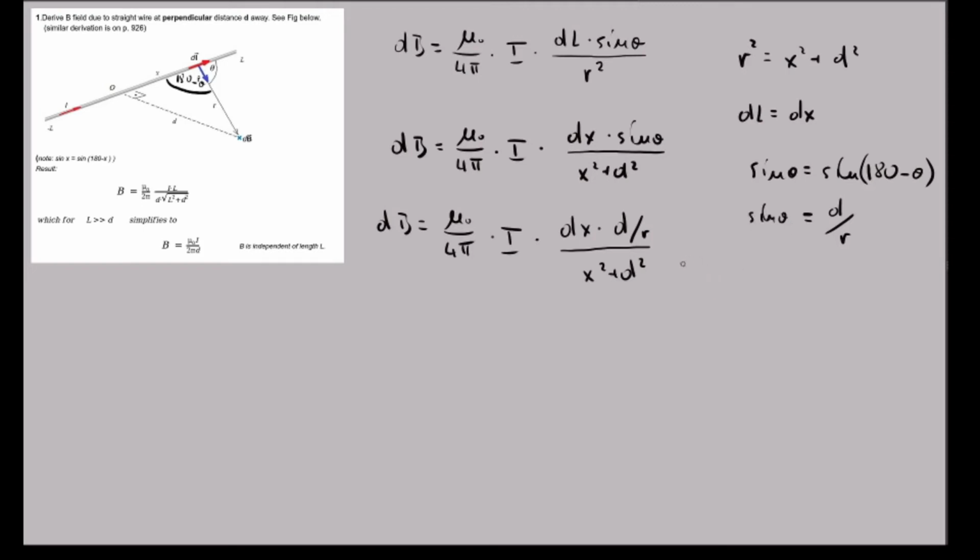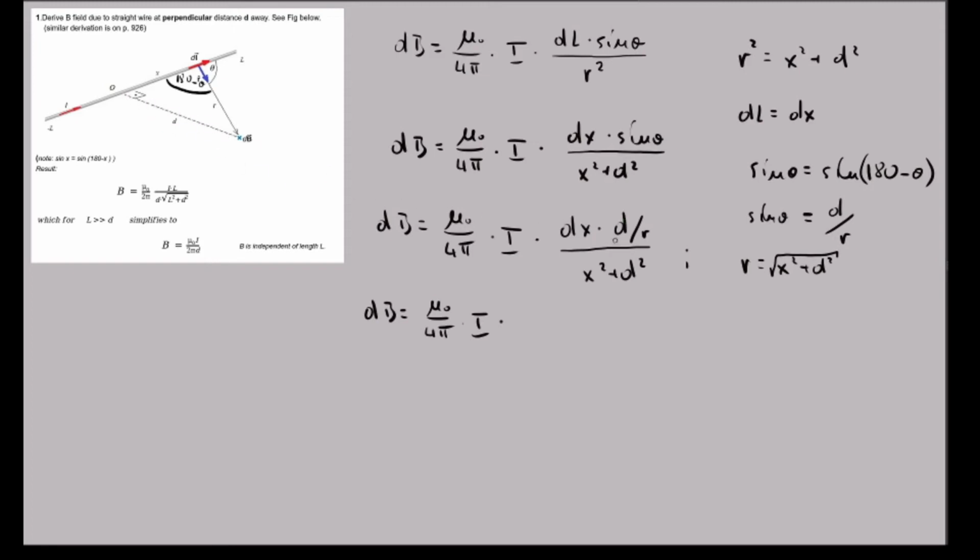What I want is r. r is the square root of x squared plus d squared. So I can rewrite this equation one more time: dB equals mu naught over 4 pi times I times d, which is a constant, since I'm interested in the magnetic field at a very specific location, d away from the wire.